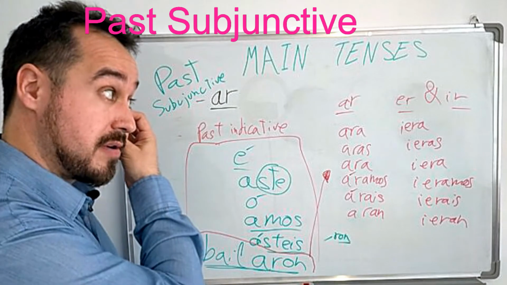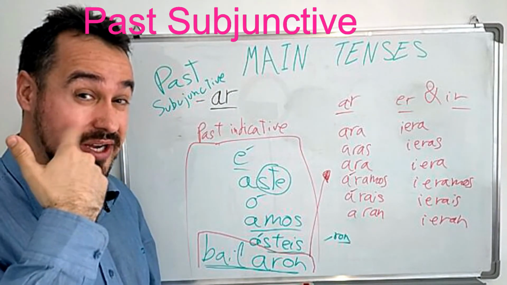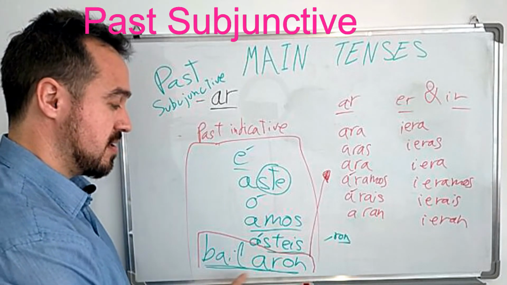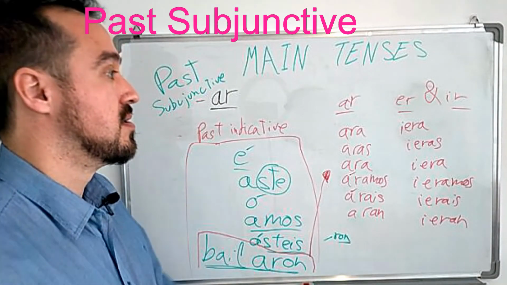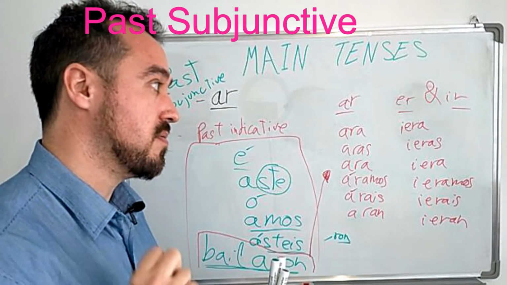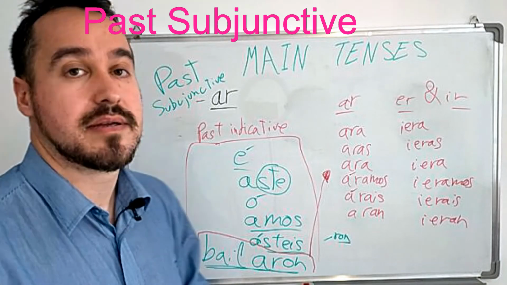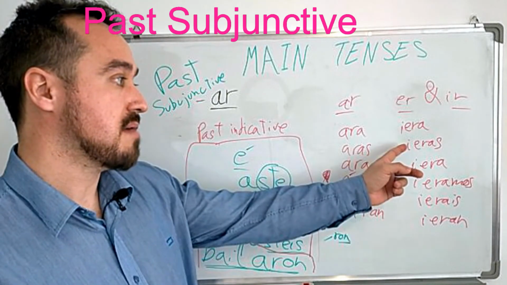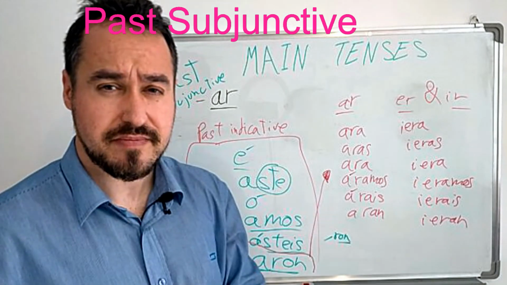Let's talk about another verb. Let's try an ER verb. So for example, they drank. So bebieron. Right? So remove the ON, bebieron becomes bebiera. So bebiera, bebieras, bebiera, bebiéramos, bebierais, bebiera.